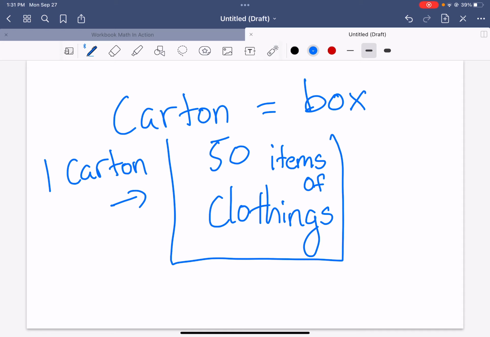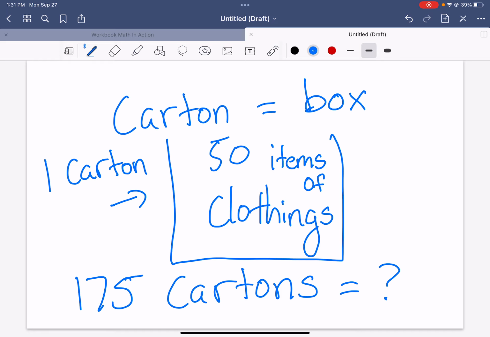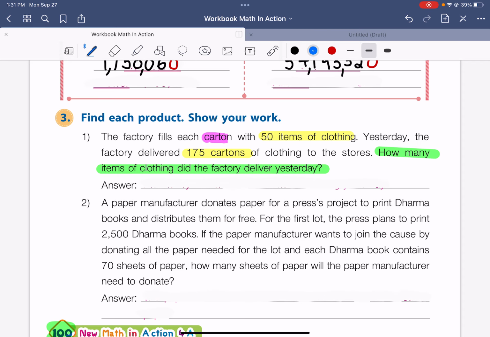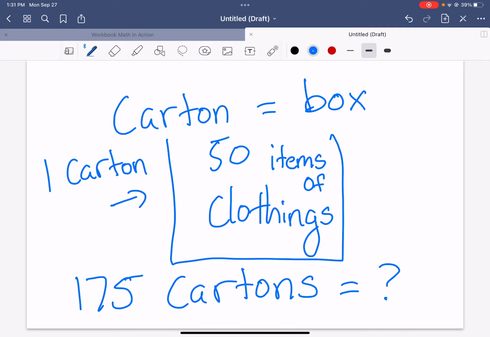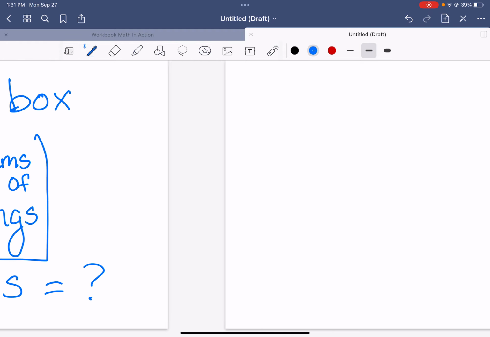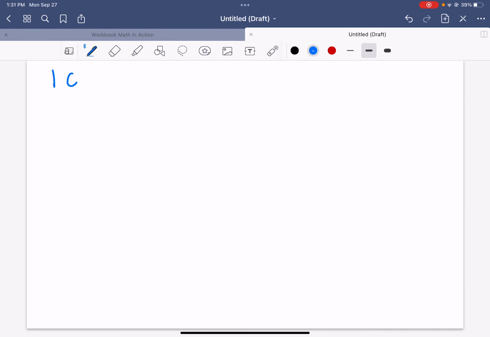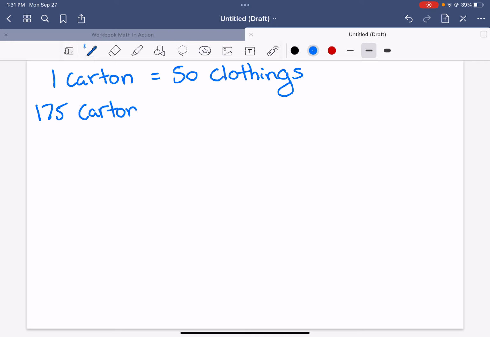So we have 175 cartons equals how many items of clothing. So we can write this out easier. One carton equals 50 clothings. 175 cartons equals blank clothings.